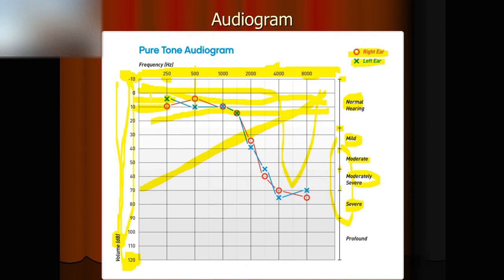Mostly, if I have an audiogram like this, my hearing aid will just amplify those high frequency components. So this is the focus of the job of my hearing aid.